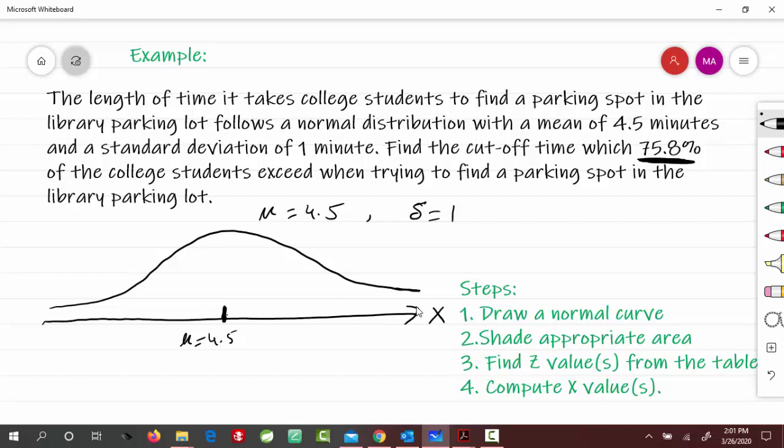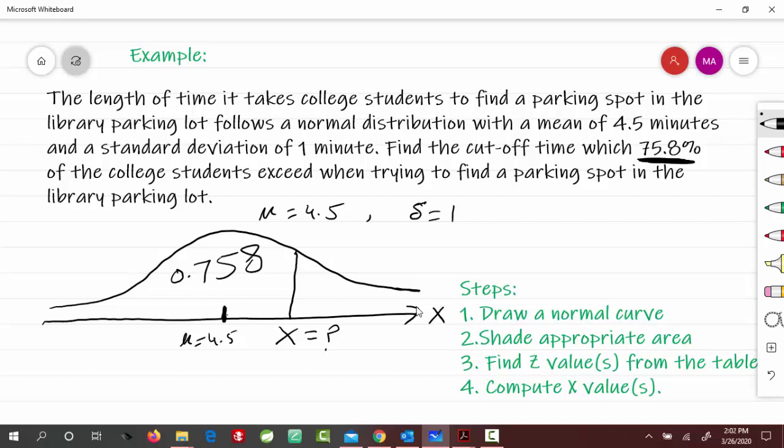The total area is 1 or 100%, so somewhere here we make a cut, and let's say this is the x value that we have to find. We are given that the probability below this is 75.8%, which is the same as the area on the right of this one.